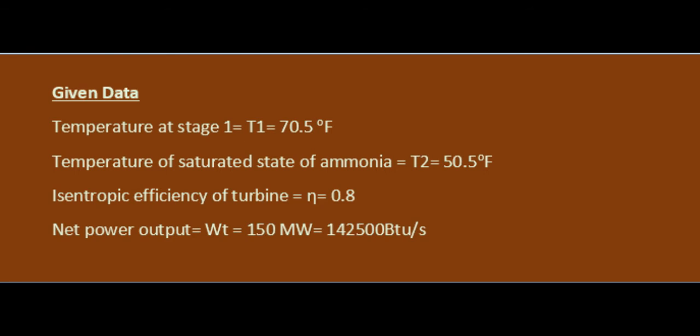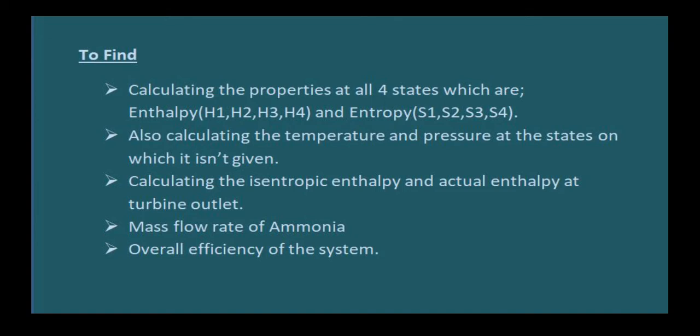Well, this is the given data: two temperature values, the isentropic efficiency of the turbine, and the net power output. The things which we need to find are the properties at all four states, which are enthalpy and entropy. We also have to calculate the temperature and pressure at the states where they are not given.